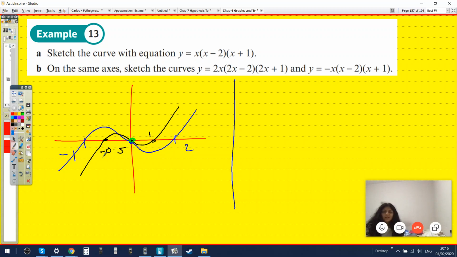Correct. And so it still goes through the same points on the x-axis.